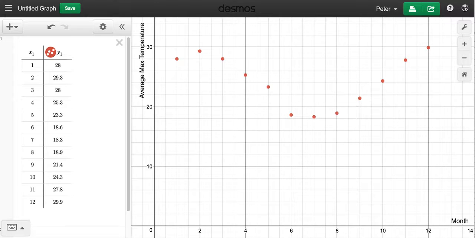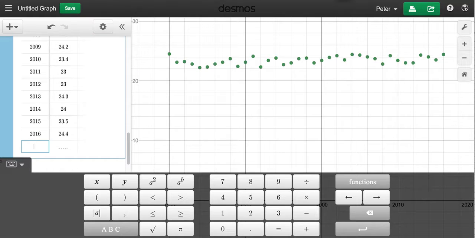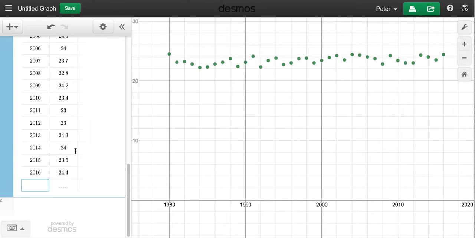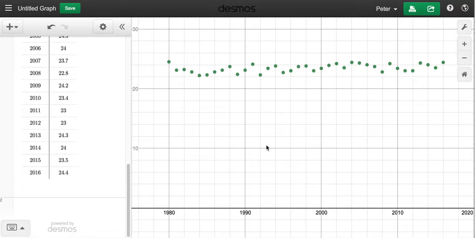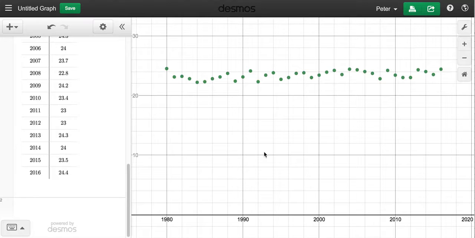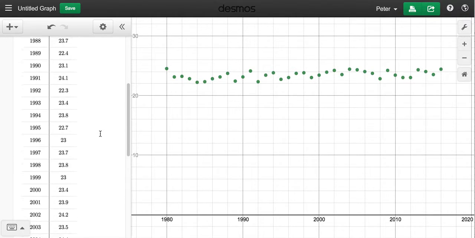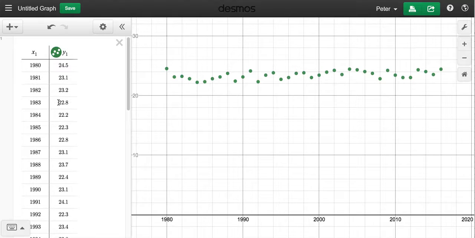Looking at a second example of time series data, this one here. So similar sort of setup. This is the average daily temperature from 1980 to 2016. So the years there literally written, numerical data, very nice. 1980, the average was 24.5. 1981, it decreased by 1.4 degrees.